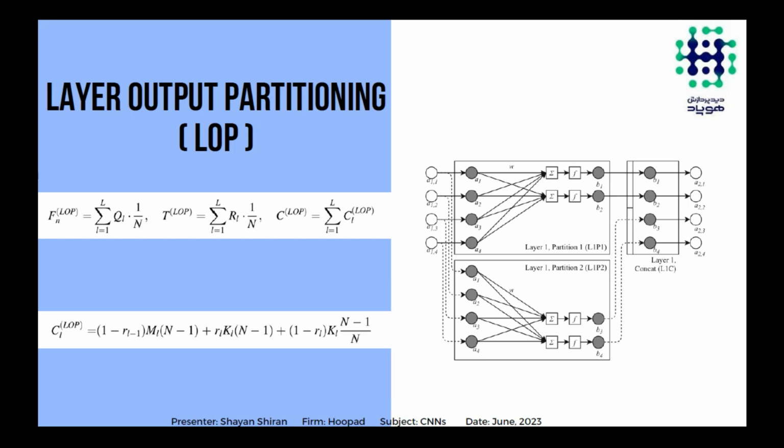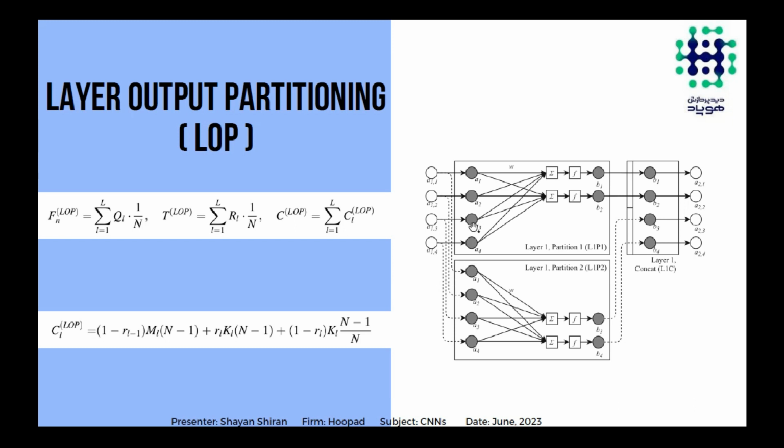This is how layer output partitioning works. Again, f subscript n is the memory footprint. T again is the number of parallelized multiplications, which, as I said, are usually the same. And the communication overhead is calculated with a different formula, as you can see here. I will get to the example and you will see how it works.